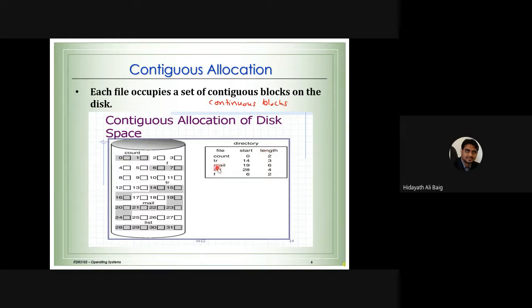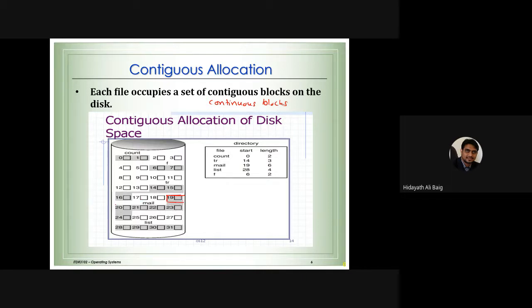The file name is mail. What is the starting block? Block number 19. And how many blocks is it going to take? 6 blocks. So where is 19? You can see here, this is 19. This is the file. From 19, how many blocks is it going to take? 6 blocks.